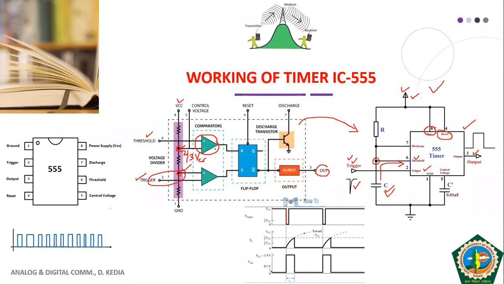Then I told you that in the upper comparator, the 2 by 3 VCC voltage can be overridden by the control voltage. Here we have not shown any control voltage to be applied, so the control voltage has been made 0. Means in the comparator, your threshold voltage will be compared only with 2 by 3 VCC in this circuit.